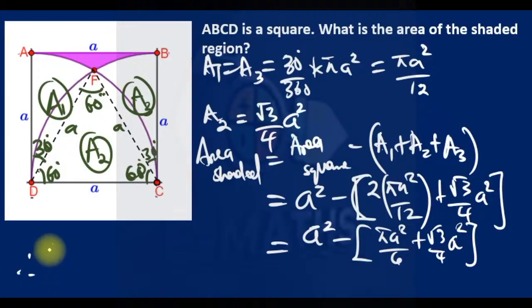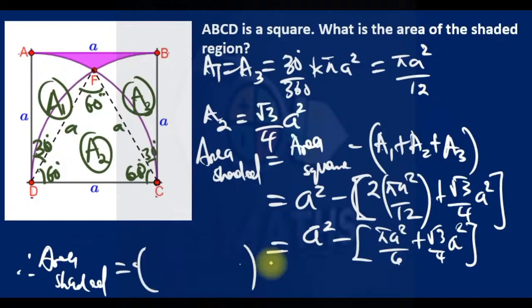Therefore, the area we are looking for is equal to, A squared is common in all, so factor A squared, and the LCM of 1, 6 and 4 is 12, so over 12.